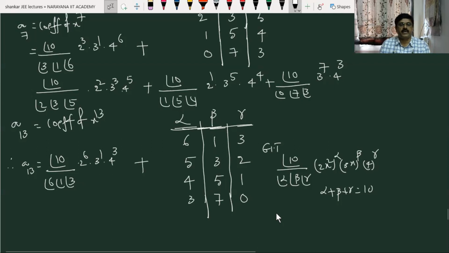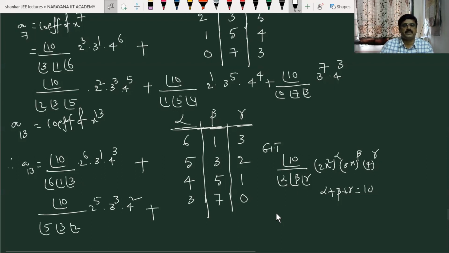Okay, next, plus next term, 10 factorial upon 5 factorial, 3 factorial, 2 factorial. Into 5, 3, 2 means what comes, students? 2 power 5, next 3 cube, next 4 square. 2 power 5, 3 cube into 4 square. Okay.